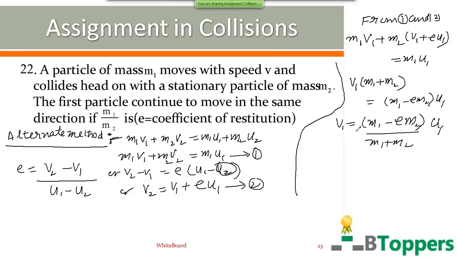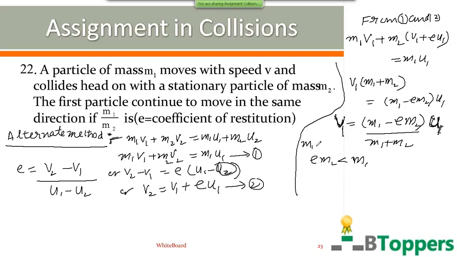So the first particle of mass m1 continues to move in the same direction after collision if v1 and u1 have the same sign. If you give a positive sign for the initial velocity u1 before collision, then m1 continues to move in the same direction after collision, so v1 is also positive. That means m1 minus e m2 must be positive, or e m2 must be less than m1.